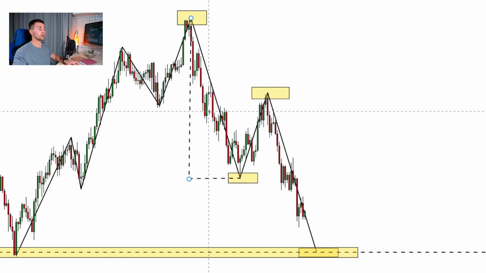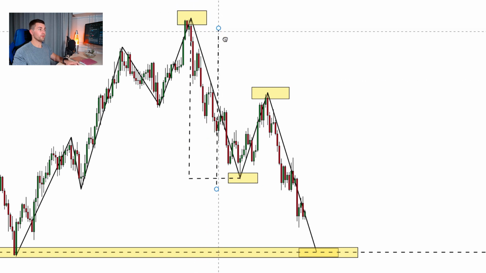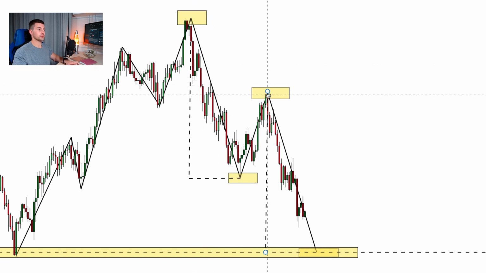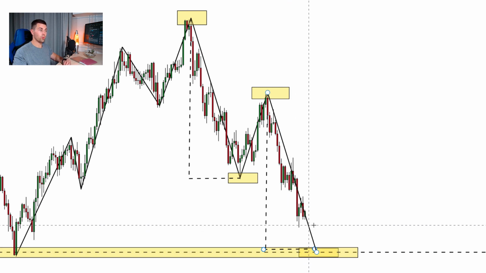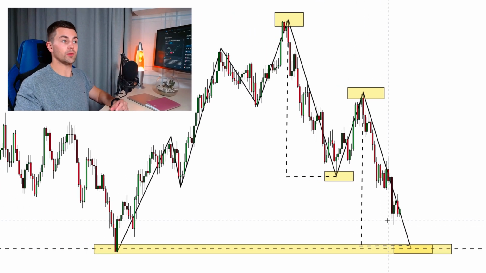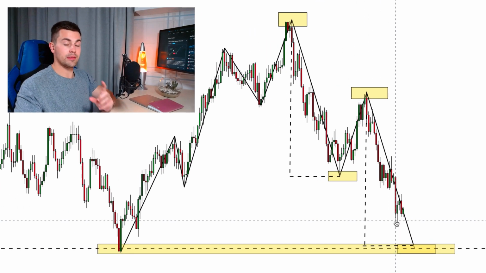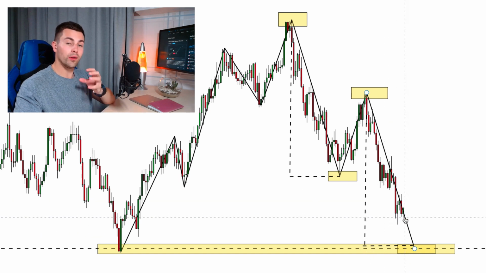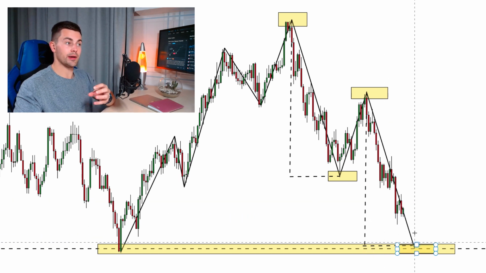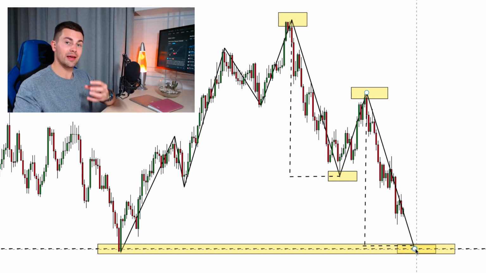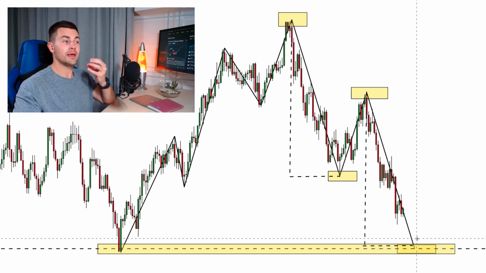If we project the length of that impulse from the completion point of the retracement leg, and take the time horizon right here, you can see how we identify the completion point of the pattern. Only if the length and the time horizon match will we see that this pattern is completed and valid.